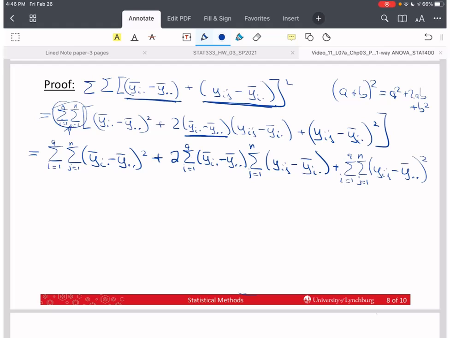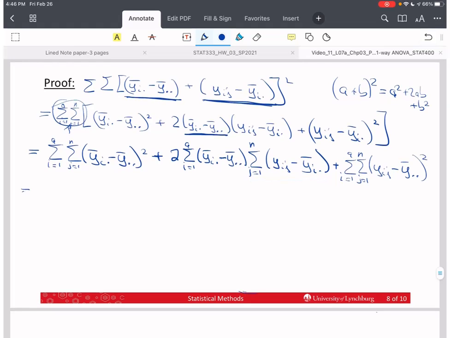And now I'm going to show that this is equal to 0 so that the middle term goes away. I'm going to say that this is the sum.